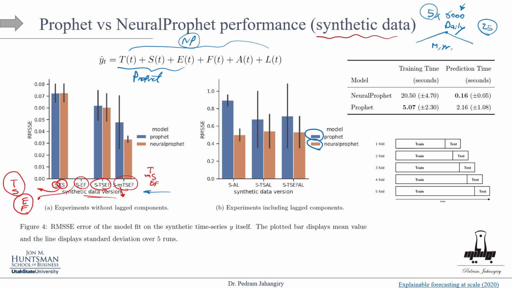So if you look at that, when we have no lagged component, the performance of Prophet and NeuralProphet should be pretty much the same. And that's exactly the case here, right? So look at that. They're pretty much the same. And these vertical lines that you're seeing are basically the standard errors over different runs.